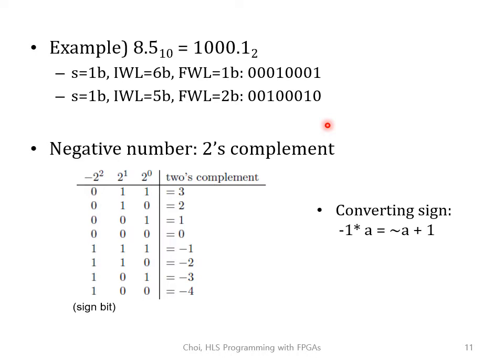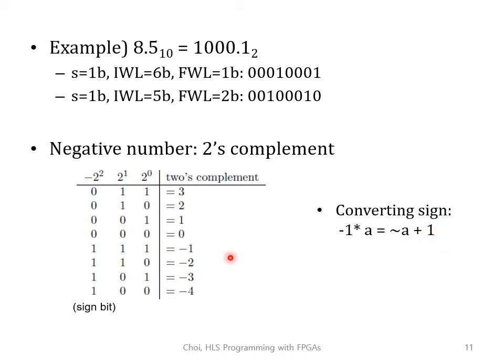Now let's see how a negative number is represented in a fixed point representation. We typically use 2's complement. Remember from your logic design course, the negative number is obtained by flipping all bits and adding 1. Right?